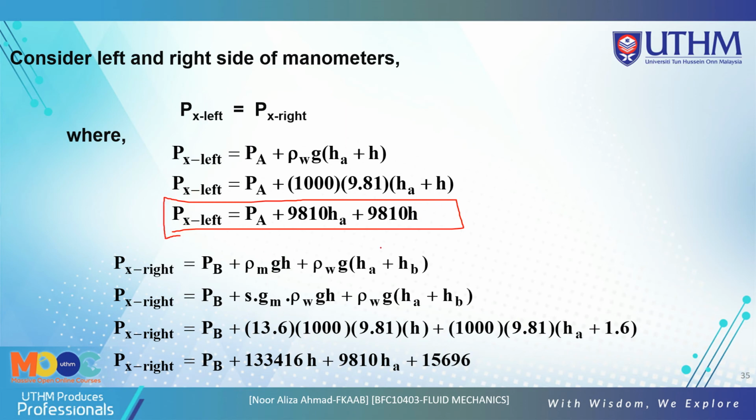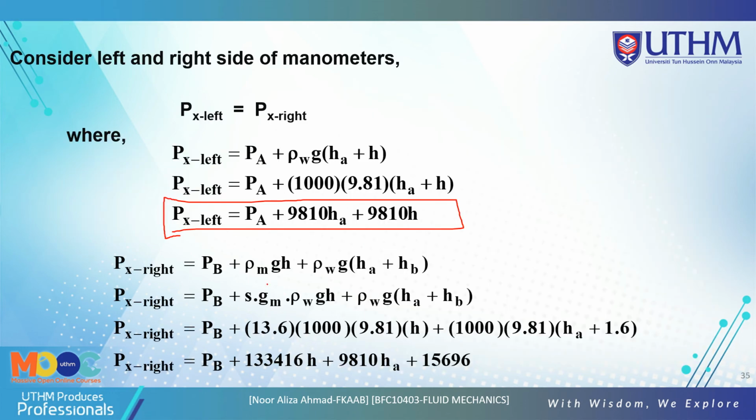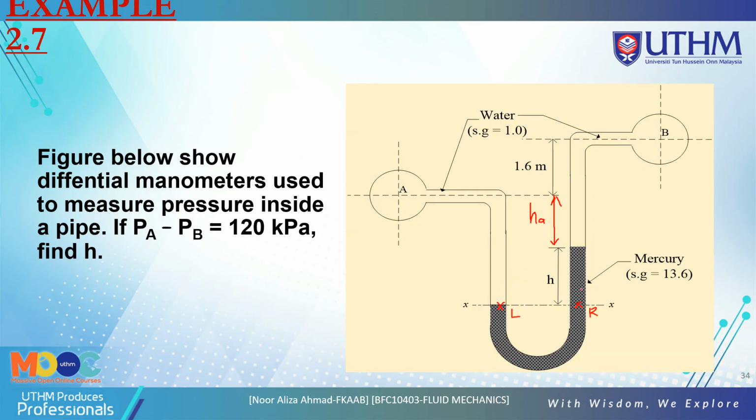So now we look at the right side here. It also includes the PB, and also the density of B here, with the density of mercury. So mercury is this one. Density of mercury times g times H, for the mercury here.